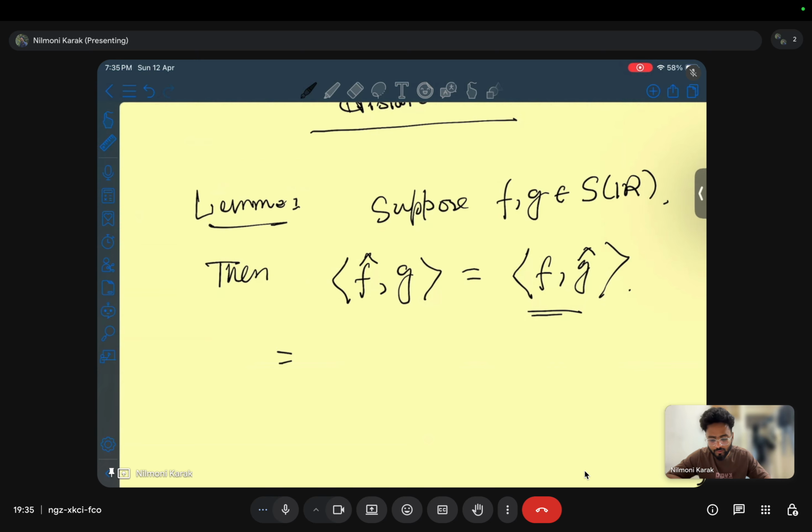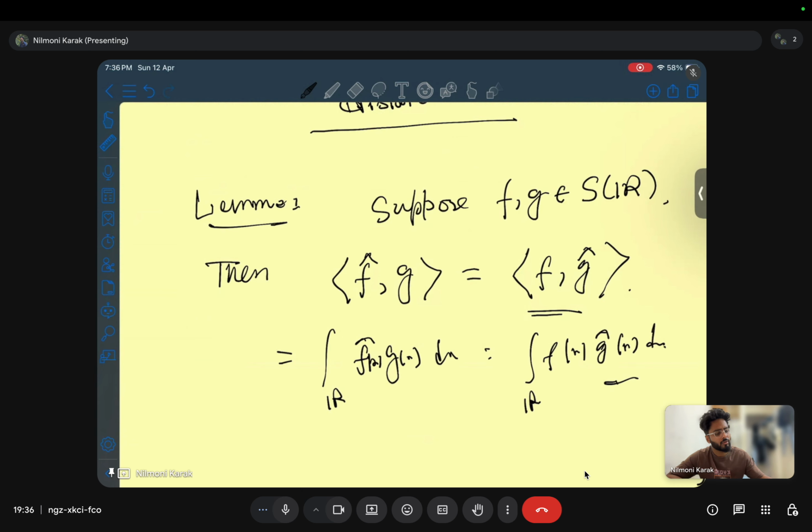This is your integral of f hat g x dx. This is your integral of f x g hat x dx. So just use the definition. Start with this LHS and use the definition of f hat, the Fourier transform of f, and you will have a double integration.